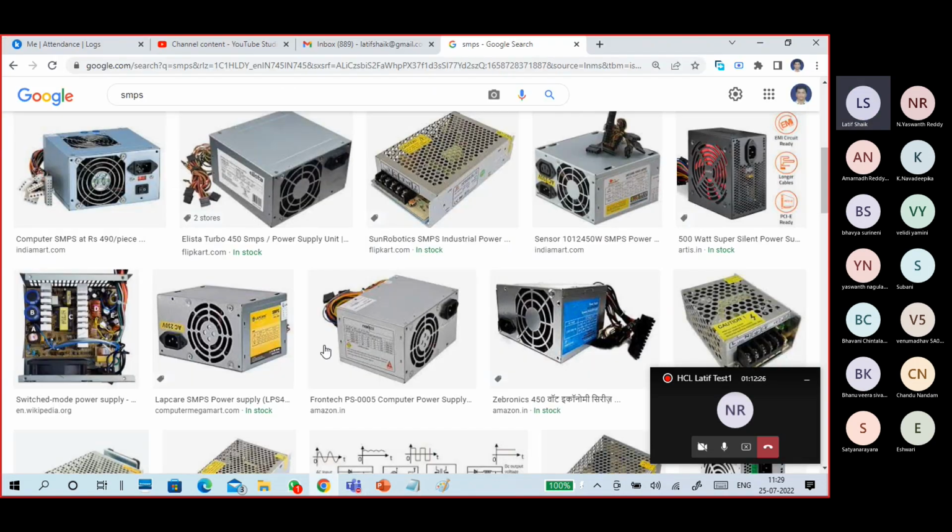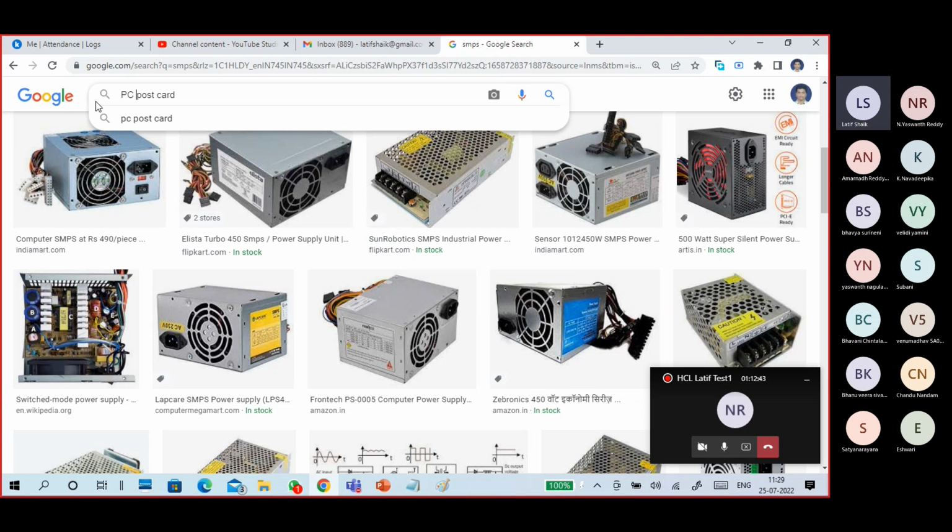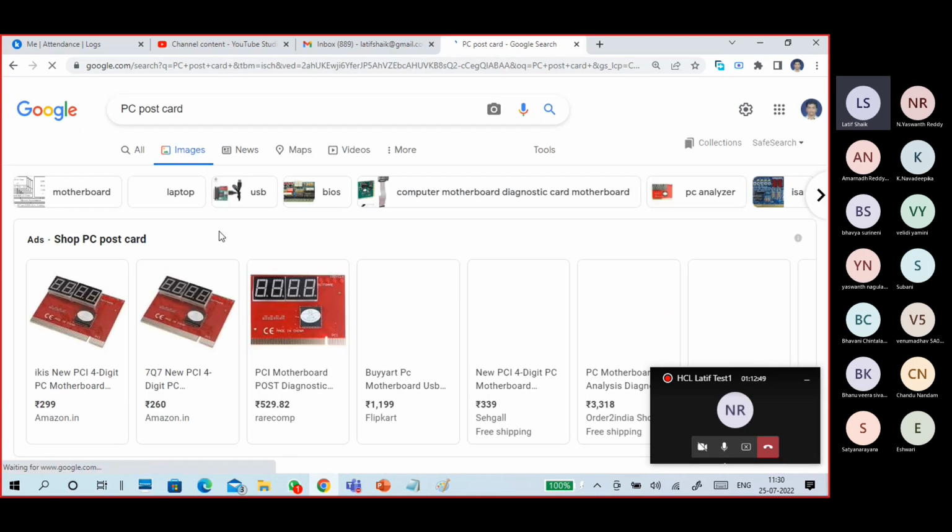So look here, guys, this is a post card. You can purchase it for yourself, but I don't know how much use it is.